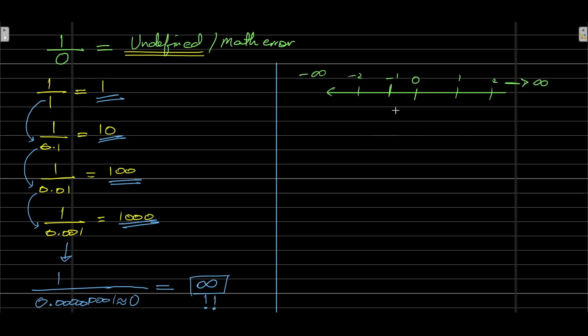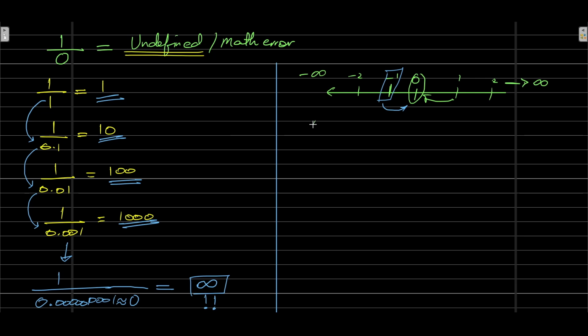So this way was basically showing us that we are reaching zero in the denominator from the positive side. For instance, if I change the dynamics a little bit and reach the zero from the negative side right here, let's see what happens.